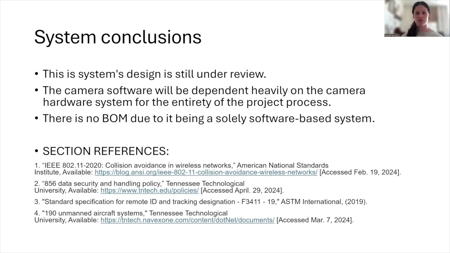This system will depend heavily on the camera hardware system. And there's no bill of materials due to it being a solely software-based system. So no materials will be ordered, but the system is incomplete in its design. And the section references are as follows.